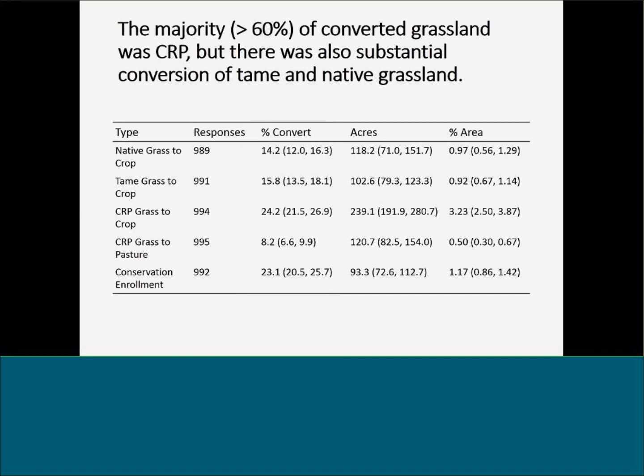So if we move across here to percent area, measured as percent of total farmland area, we end up with a relatively high percentage, 3.2%, being converted from CRP grass to cropland, about 1% of native grass and tame grass. And that total conversion area comes out to just over 5%, which is considerably higher, more than 4 times higher than the rates of new conservation enrollment.